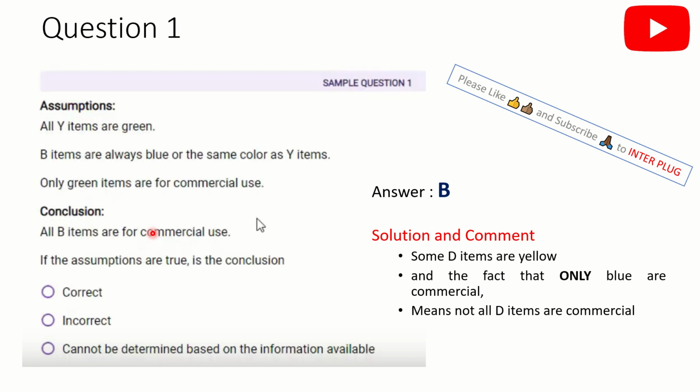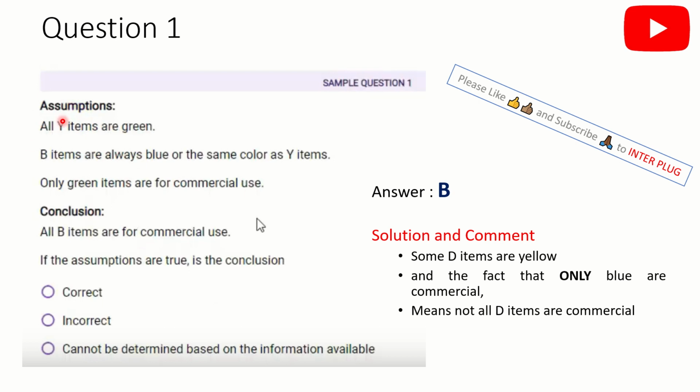Now, we know that all Y items are green, right? And they say B items are always blue or the same color as Y. It means that B items are either blue or green. So you can find green B items. Now they say only green items are for commercial use.